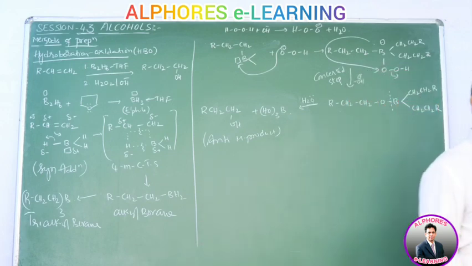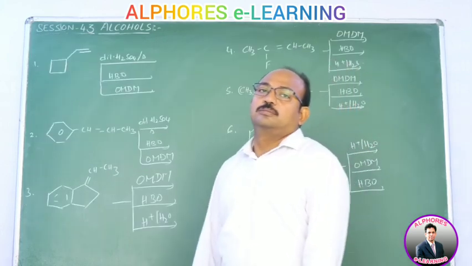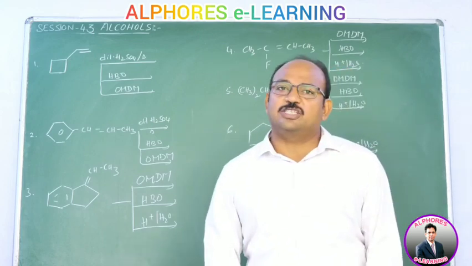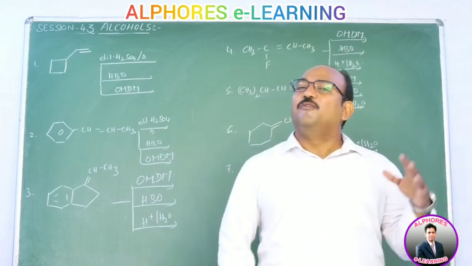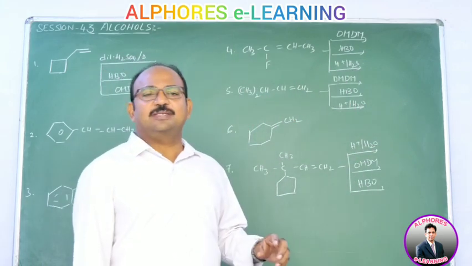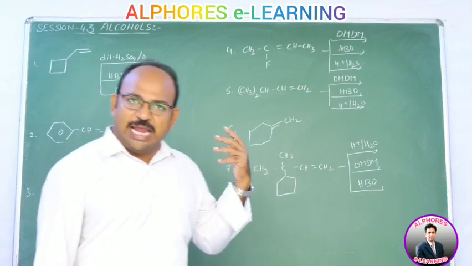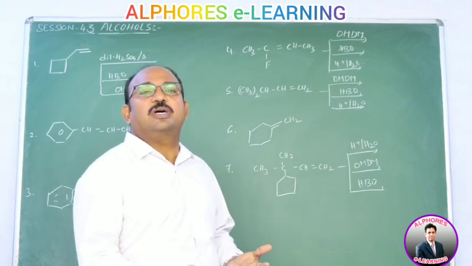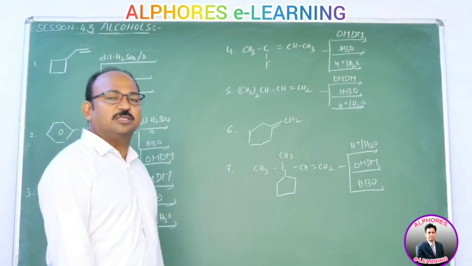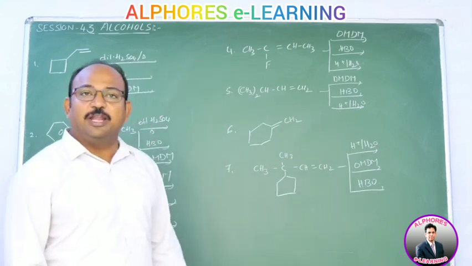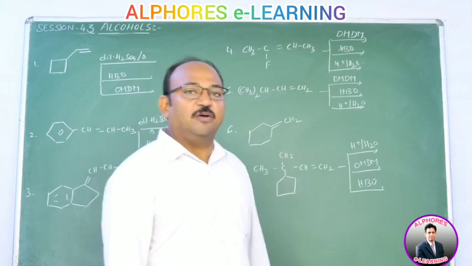Try to write all three possible hydration products for these questions and find out which mechanism it proceeds by, in which case you get a mixture of products, in which case you get a contrary product like the anti-Markovnikov product, in which case you get optical isomers and in which case you don't, and what the total number of possible products is for all these reactions. And we will continue with methods of preparation of alcohols.